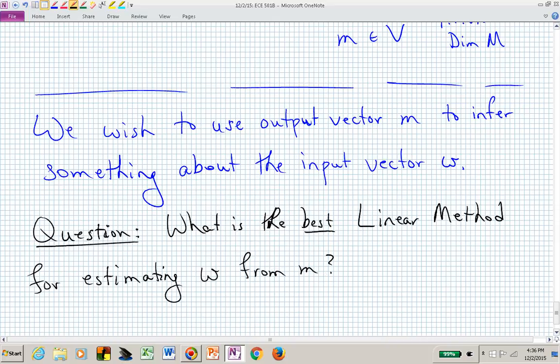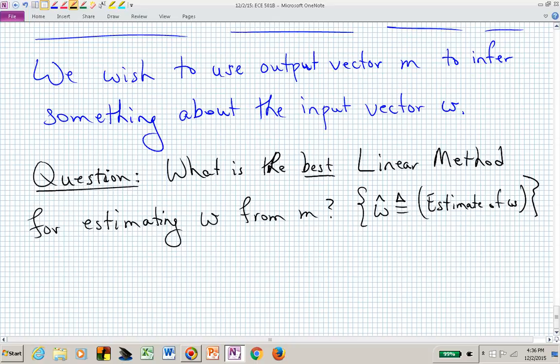So we're measuring M. We don't know what W is, but we want to try to find the best linear method or the best representation of W from the measurements M. And to establish some notation, let's just assume that this estimate we'll call W hat. The real W is W. Its estimate is W hat. I'm going to then say let's define W hat to be the estimate of the true vector W.